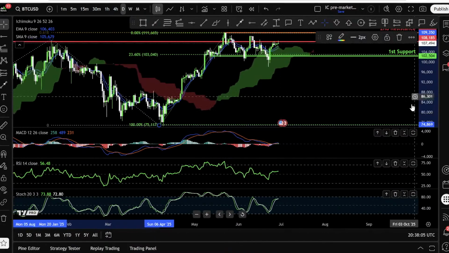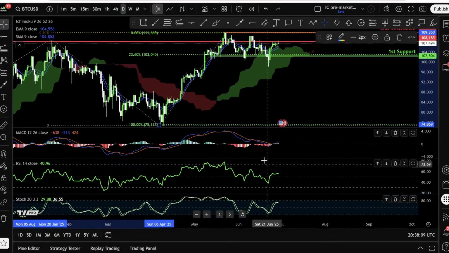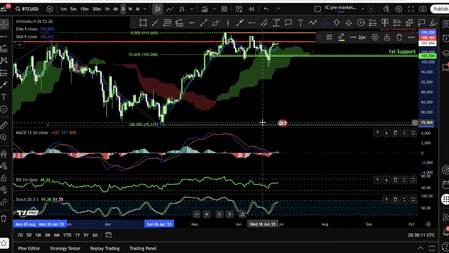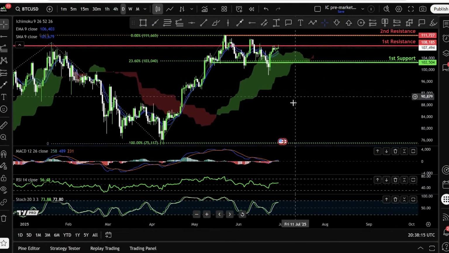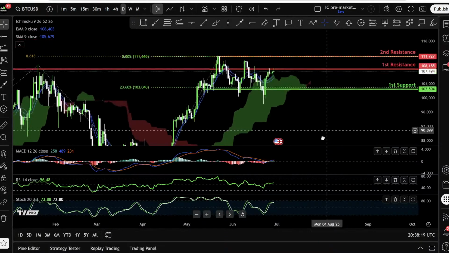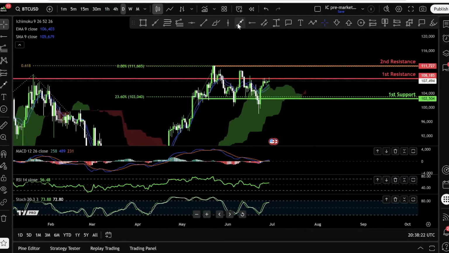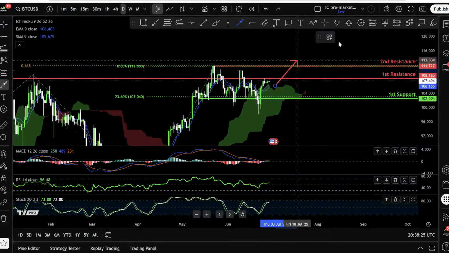So it's also giving us bullish signals here. Okay, so I'm expecting prices to continue pushing upwards towards our second resistance.